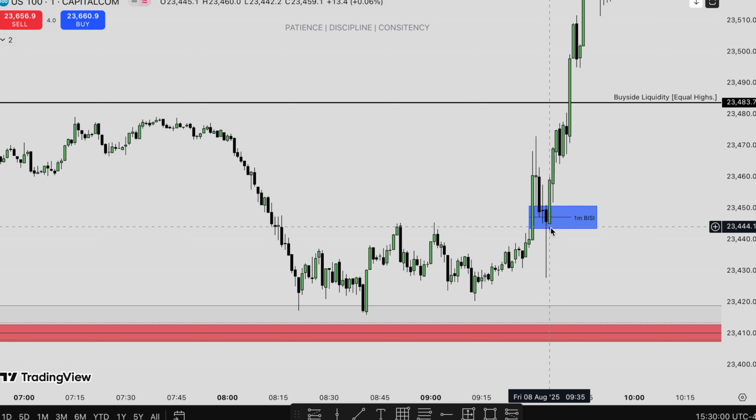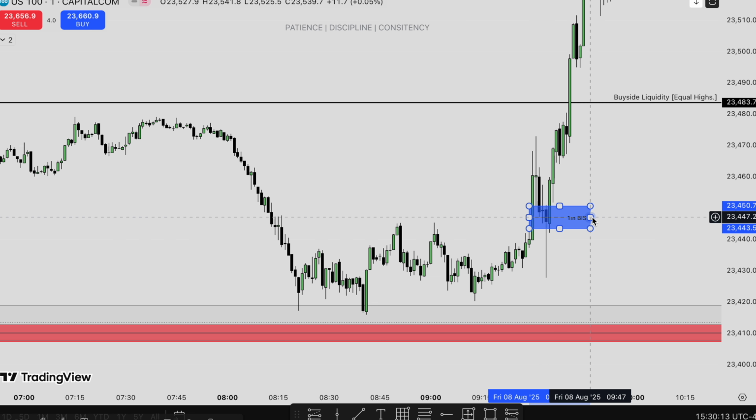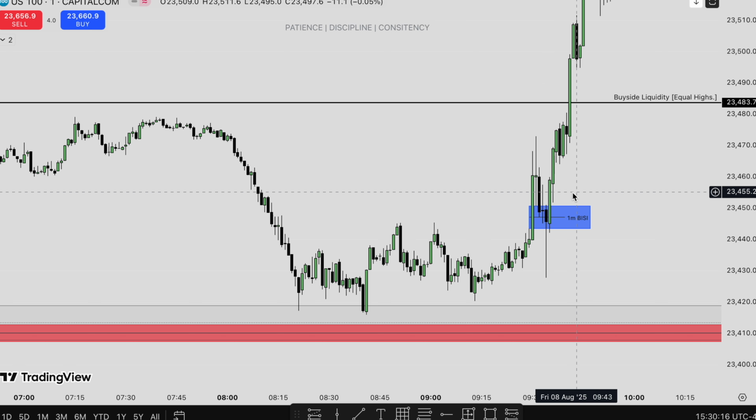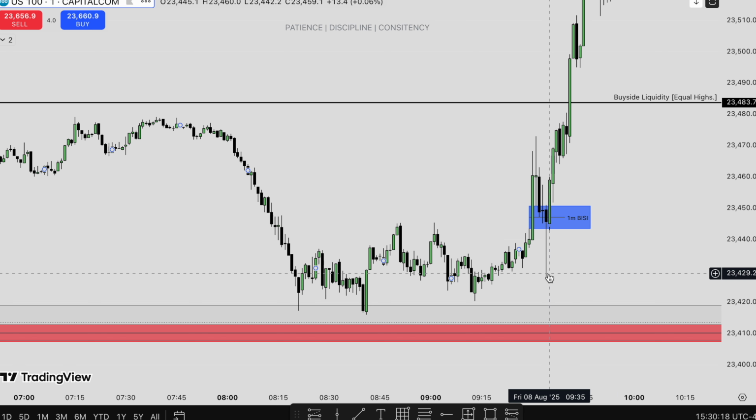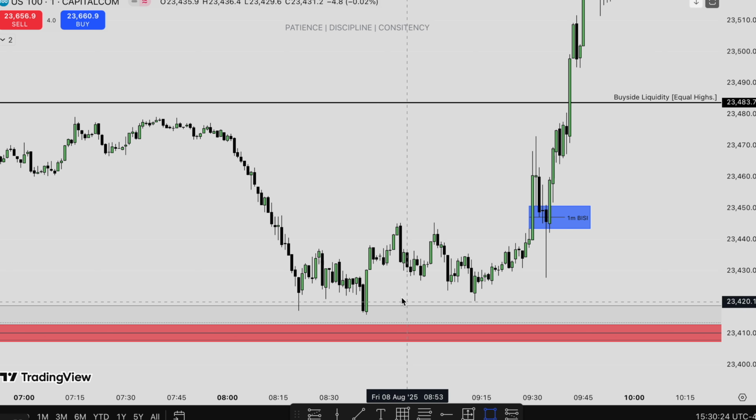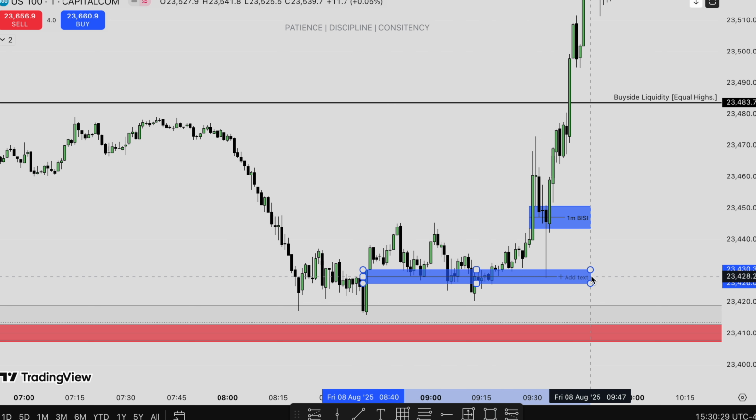We respect it as far as the bodies, because as we know, the wicks do the damage, runs at this sell side liquidity, and then draws higher. So this is just manipulation right here, right? And then the bodies tell the story. This just shows that we're bullish. So all this was just manipulation, and as you can see, price respects this PDRA right here.